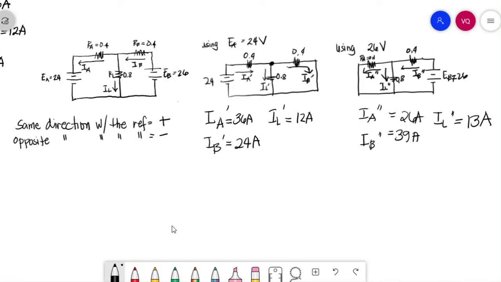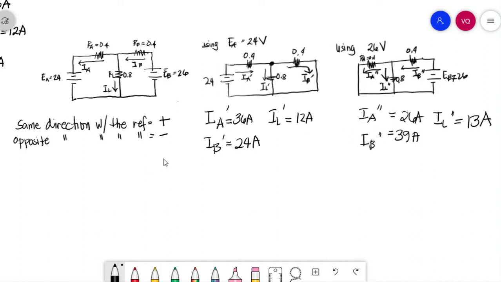For our final answer, this is our original circuit, and this was our circuit when we shorted the other EMFs, also this one, using EA and using 26 volts. These are the branch currents that we computed a while ago for EA and for EB.